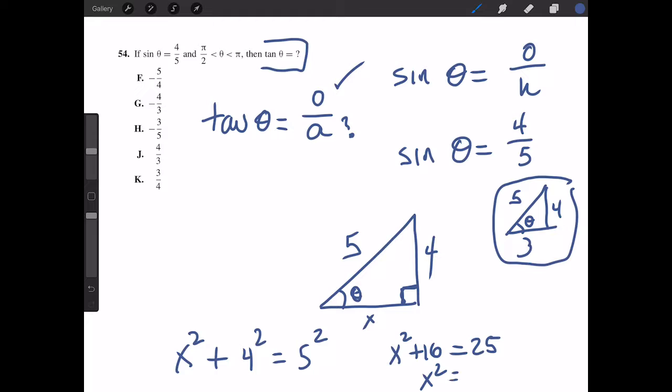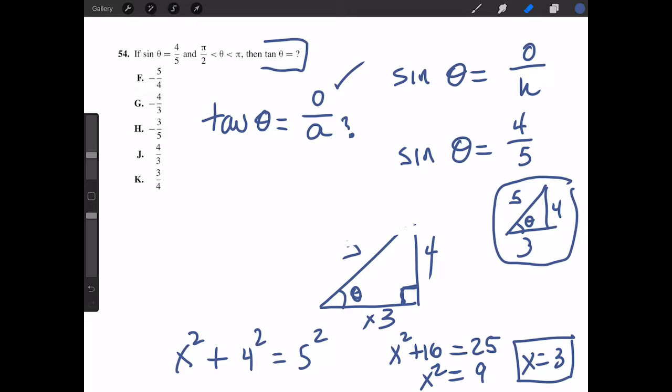Then solving for x, subtract 16 from both sides. X squared is equal to 25 minus 16, which is 9. Then you take the square root of both sides to find x, and that gives you plus or minus 3. In this case, only the positive answer makes sense. So x is equal to 3. And there you go, the 3, 4, 5.